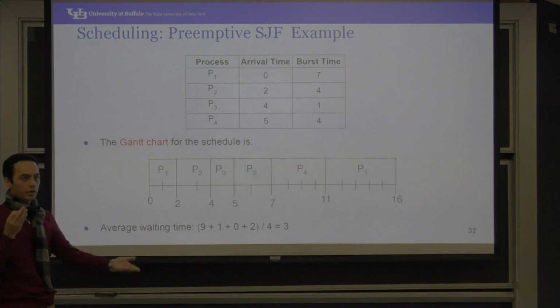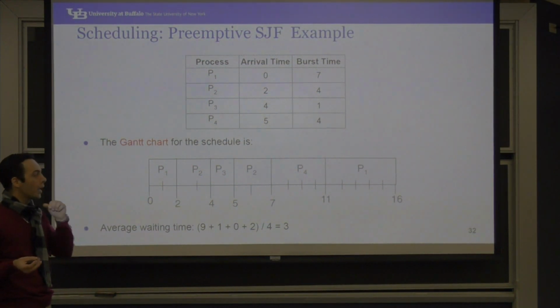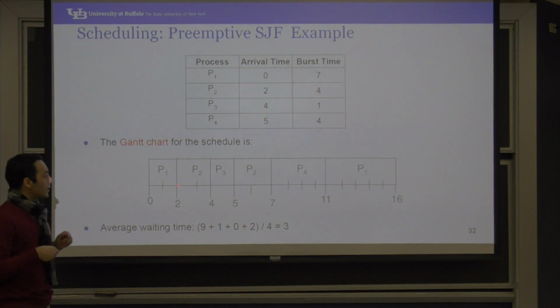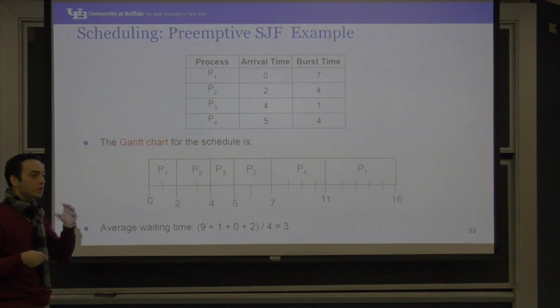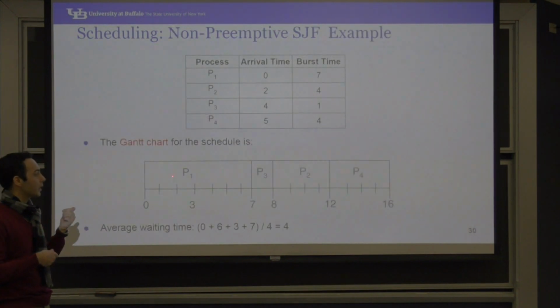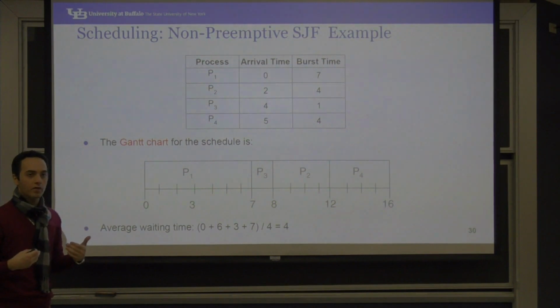Either this one is waiting for the other one or the other one is waiting for this one. But remember, at this point, we decided to schedule P2 because P2 is shorter. So the amount of time that P1 is waiting for P2 in this case is less than the amount of time that P2 is waiting for P1 in the other case. That's why it will bring the average down.